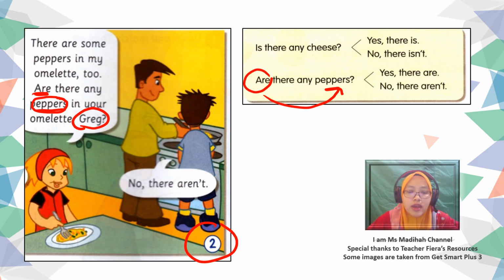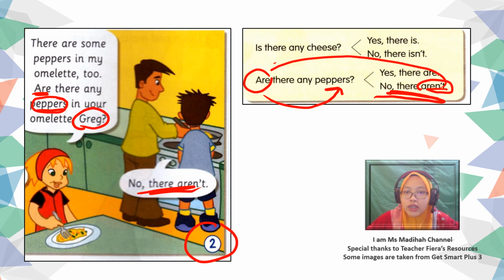So there are no peppers in Greg's omelette. That's why he answered, no, they aren't. Okay. So the answer is no, they aren't. Follow this. Okay. So next.